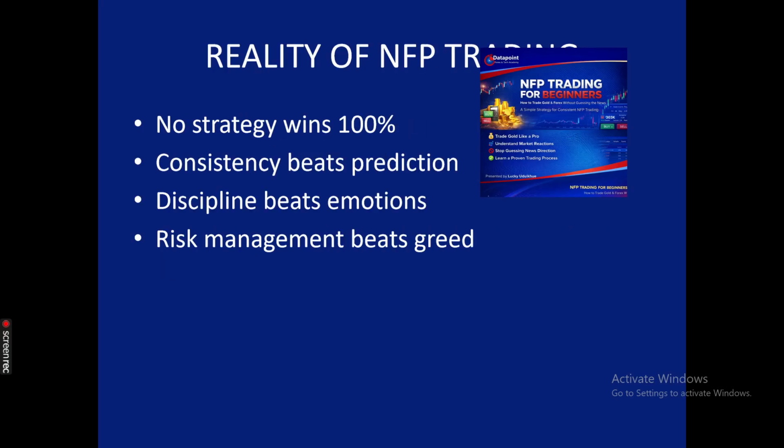So no strategy wins 100%. Yeah, that is the truth. In NFP or CPI, no strategy is 100%. But if you can get one or two in a month, fine. And consistency beats prediction. Once you keep doing this, with time, you get used to your research and your analysis.